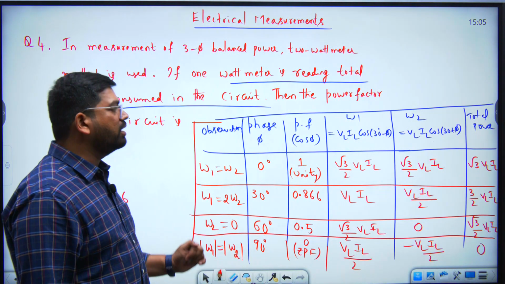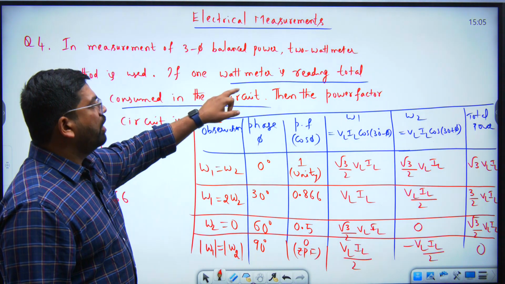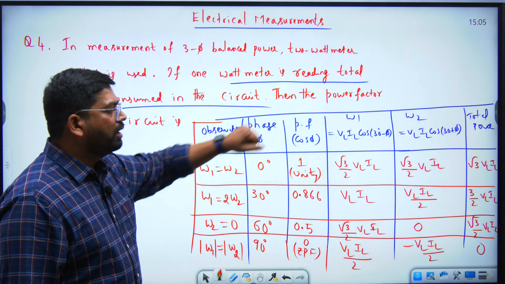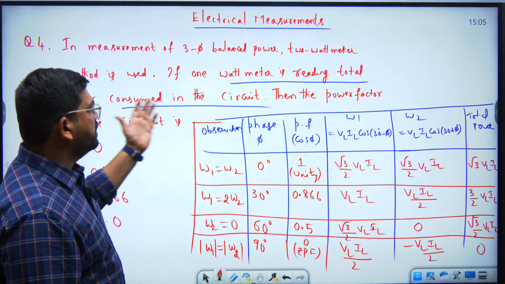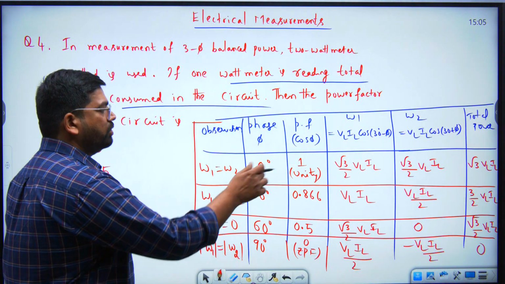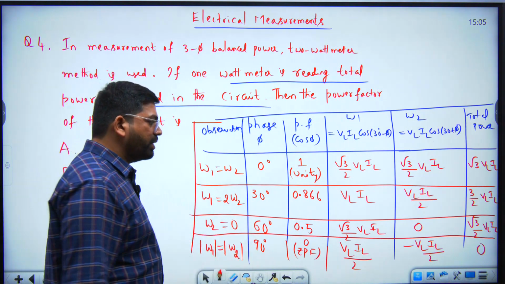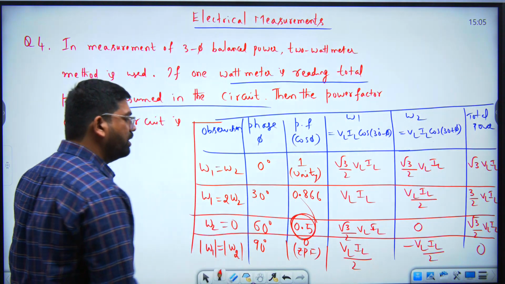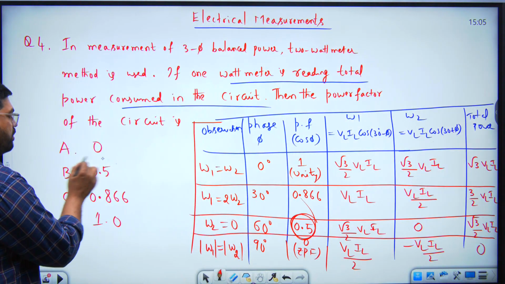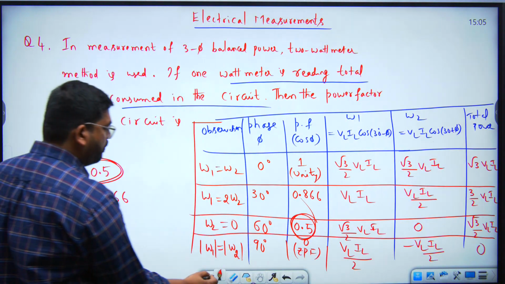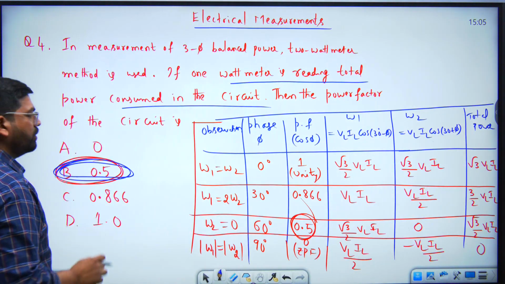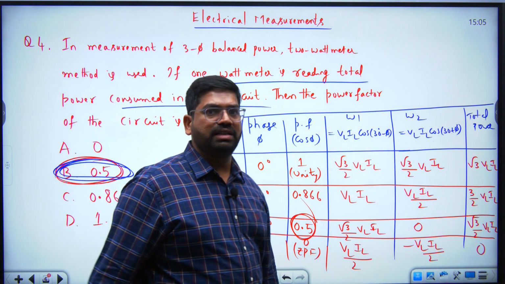So what is the question here? In the two wattmeter method, if one wattmeter is reading the total power consumed in the circuit, then the total power is only because of one wattmeter reading, and the other wattmeter is reading 0. What will be the power factor? It is 0.5, so this will be the correct option. So 0.5 is the power factor, or the phase angle is 60 degrees.